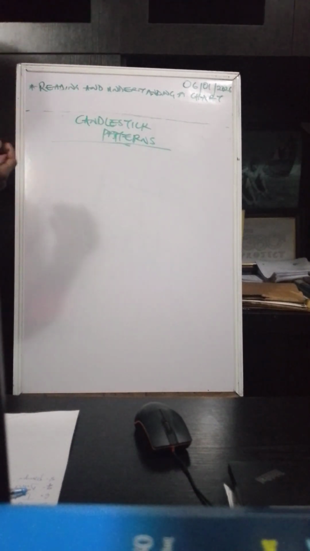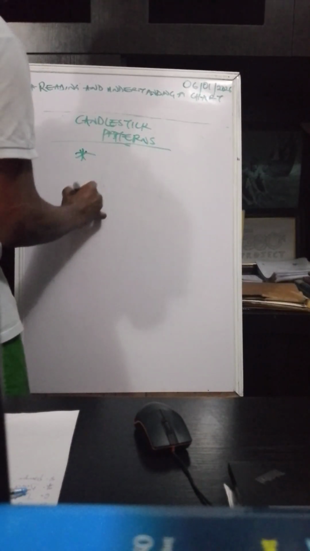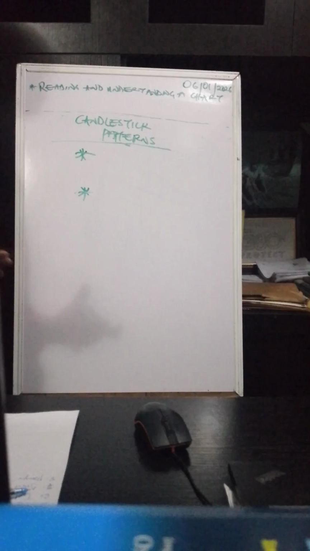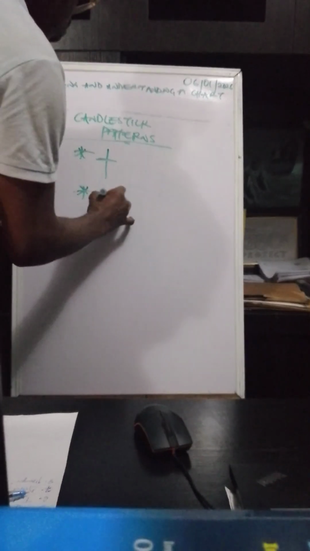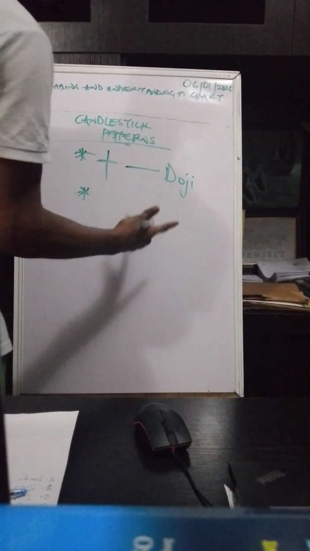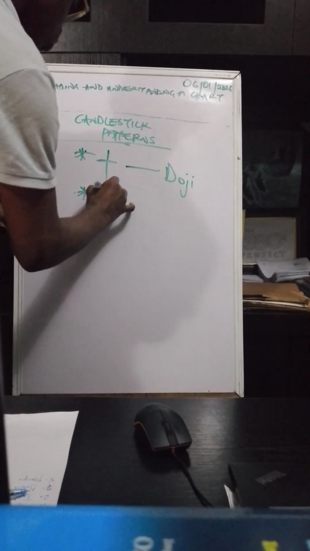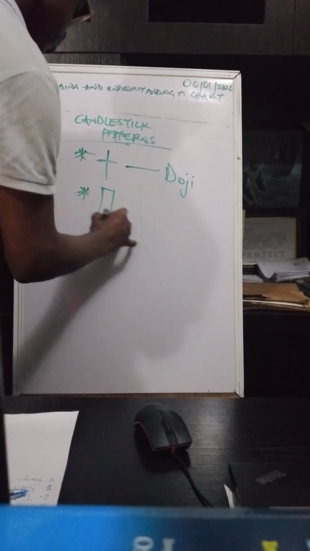So now candlestick patterns, these are just patterns that we see in the market and we know, okay, this is what we're looking for. There are only two candlestick patterns that I vouch for, which is number one, the doji, and number two, the engulfing candle.